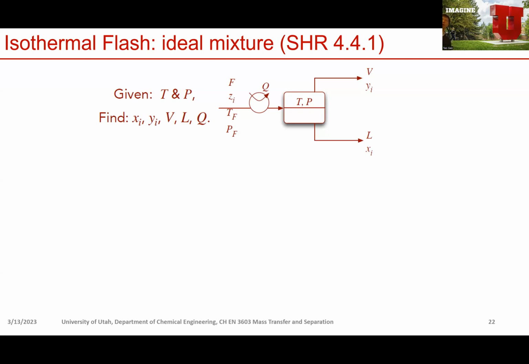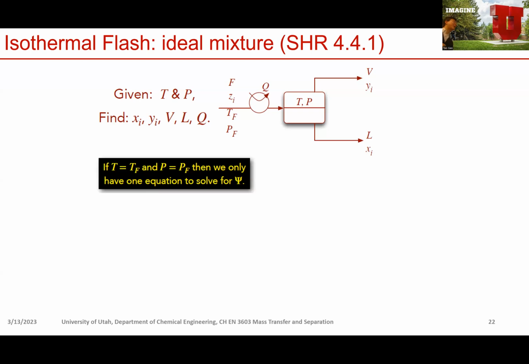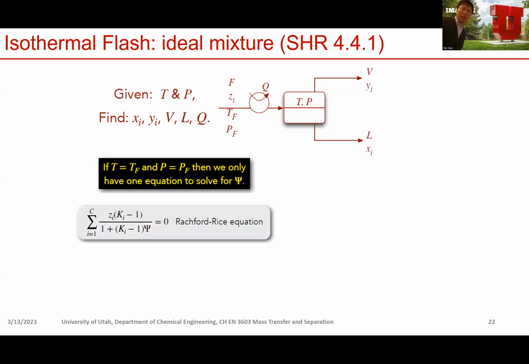So how do we do this? First, we're going to look at the example of an ideal mixture. For an ideal mixture, the temperature and pressure we're operating the flash system at is basically the same as the feed. Again, we can start from the Rachford-Rice equation.